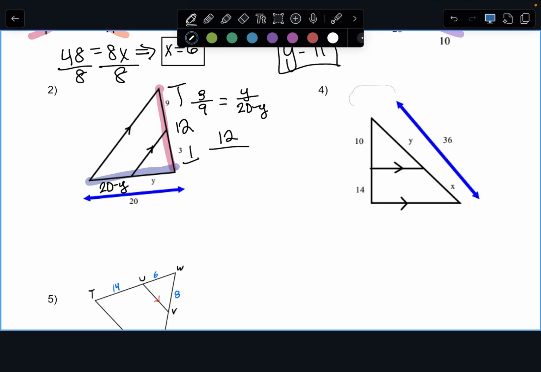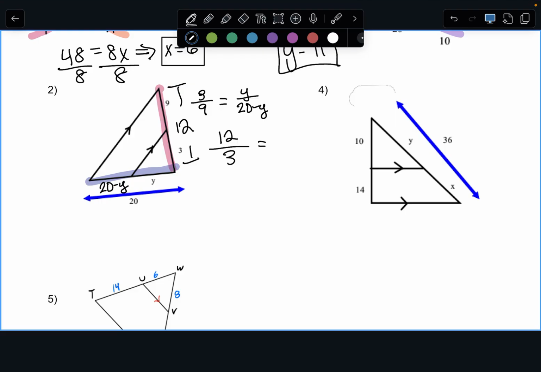And the whole side, 12, and one of its parts, the part that I need is going to be 3 because it corresponds with my y, and I need to find y. So 12 is the whole thing over one of my parts, so over 3, is equal to my whole thing on this side. What's my whole length on this one?